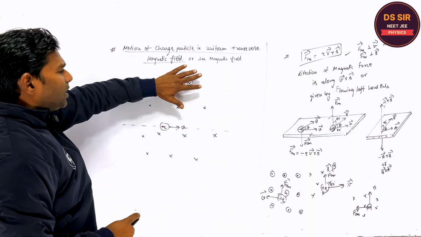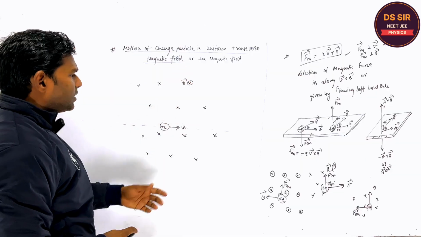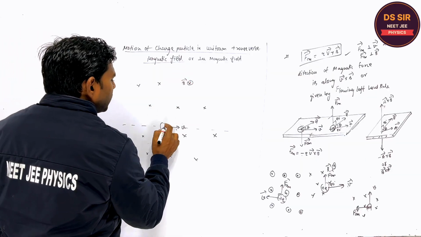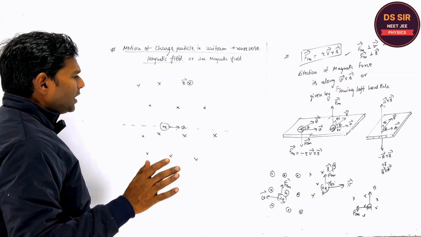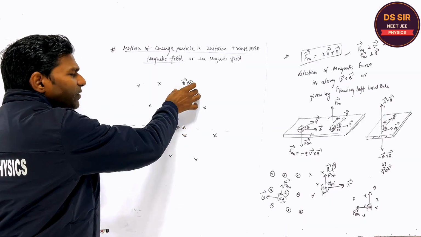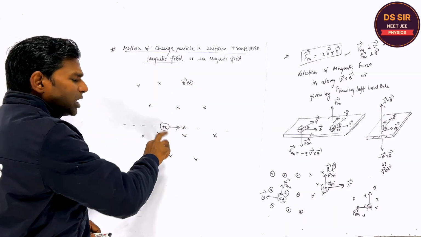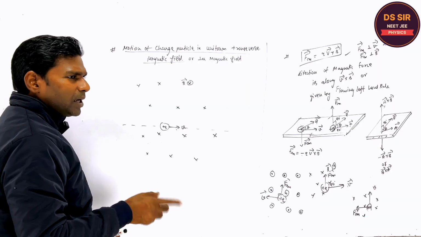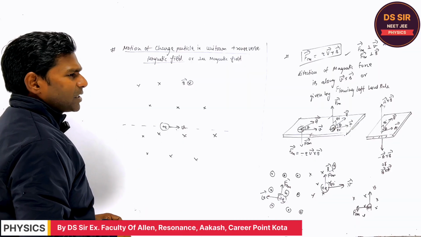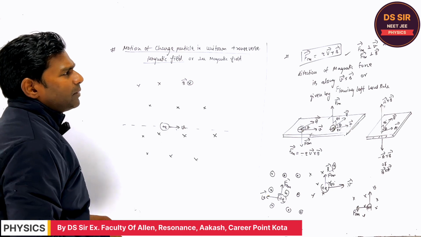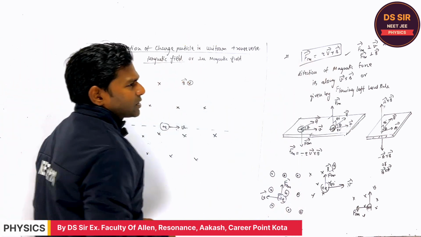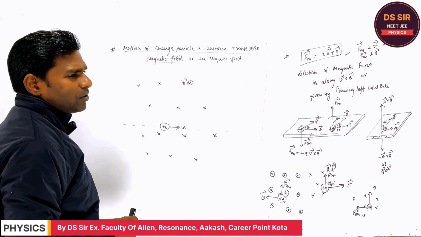Yes. If the magnetic field is not there, there will be no magnetic force acting upon this, and the charged particle will go undeviated. But when the magnetic field is switched on, and this moving charged particle comes under the transverse magnetic field, the magnetic force starts acting upon it, and the magnetic force is given by this expression. What is the direction of the magnetic force?